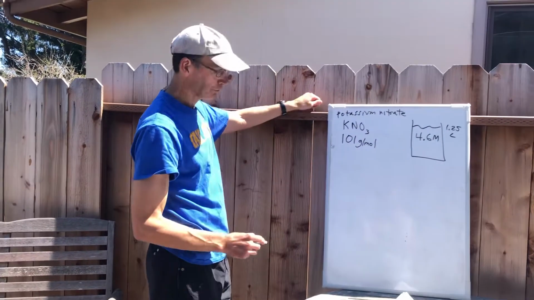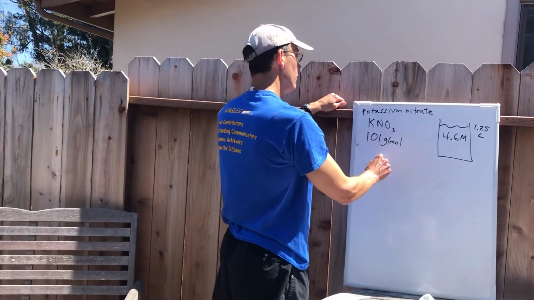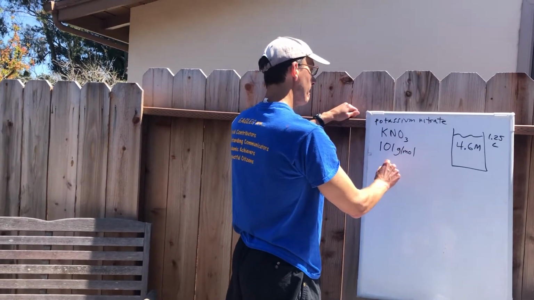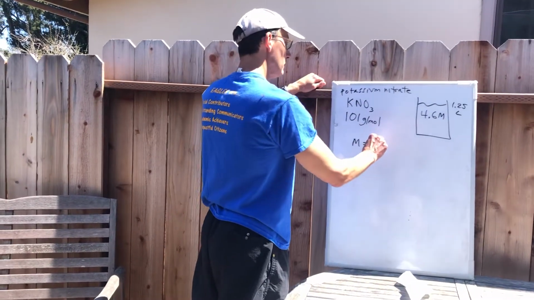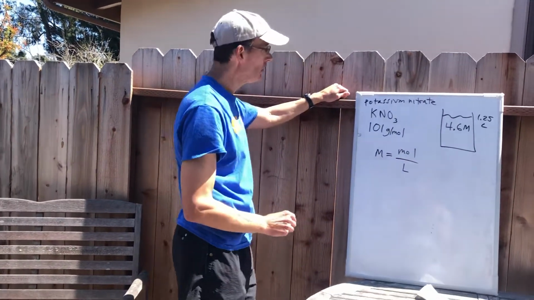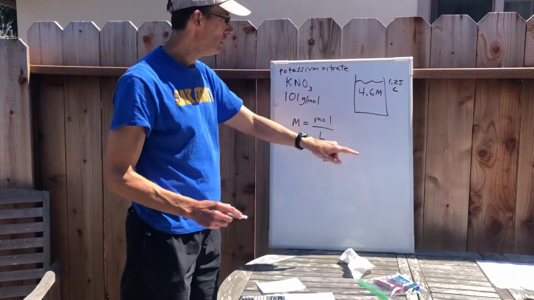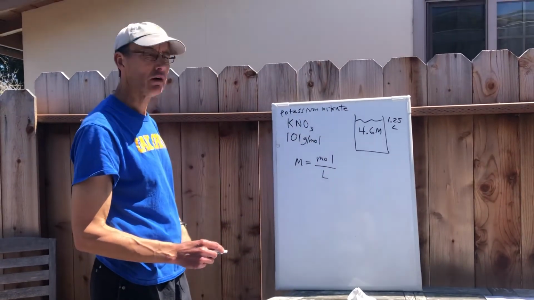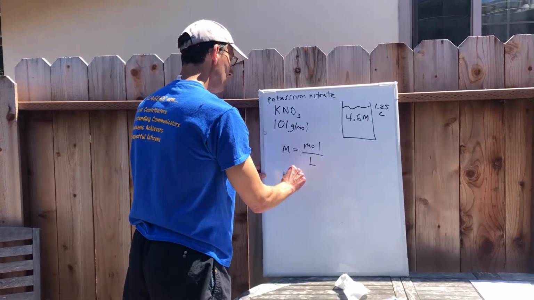So we have a formula for molarity equals moles over liters. And we know the molarity, we know the liters. What we don't know is the moles of potassium nitrate. So we're going to solve for that.